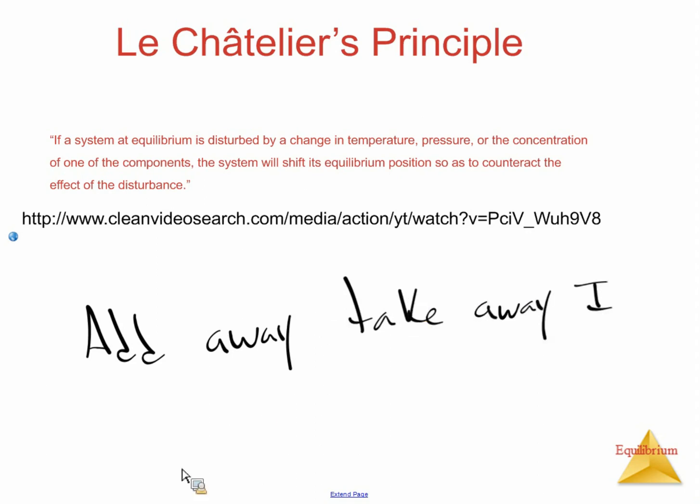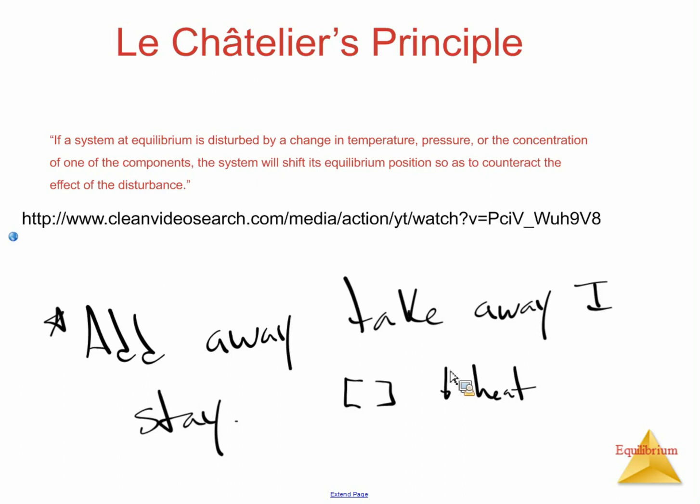Add away, take away, I stay. This will help you, and it applies to concentrations and heat. When we talk about the 3 ways to disturb the equilibrium, these are 2 of them.